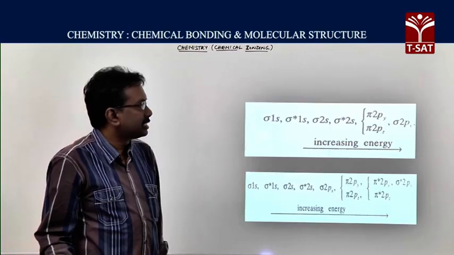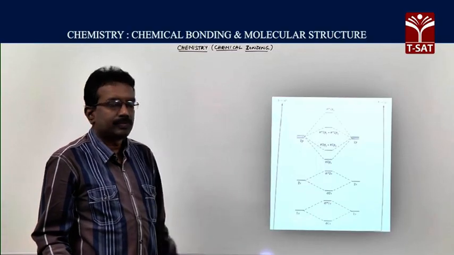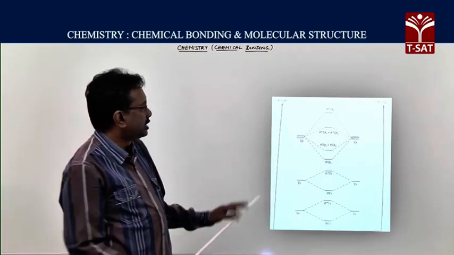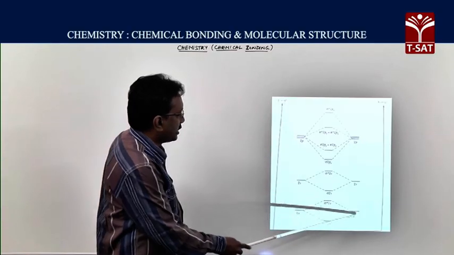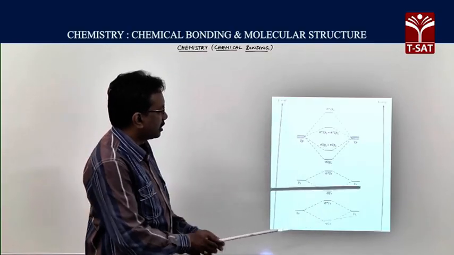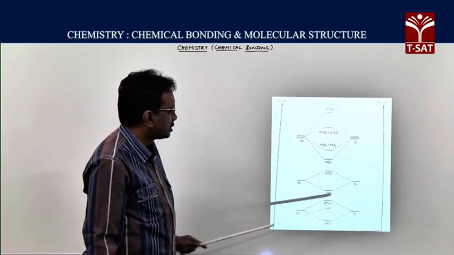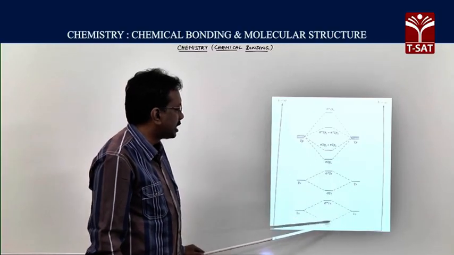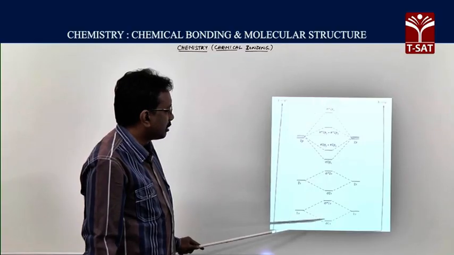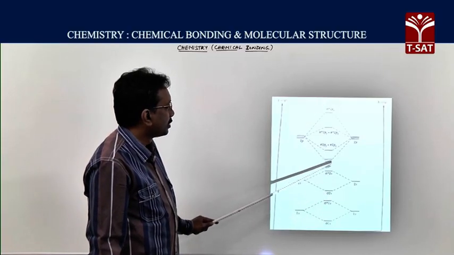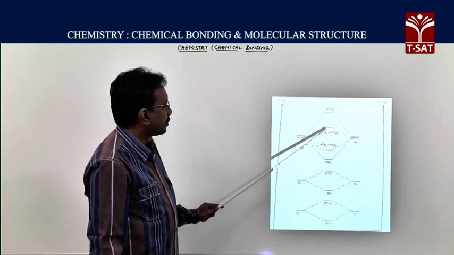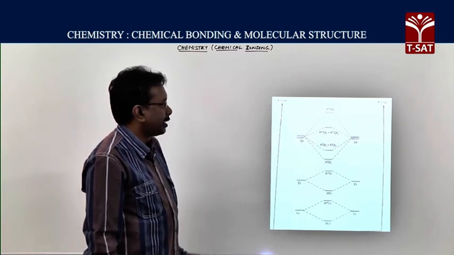So, after observing these different types of molecular orbitals, I am representing the distribution diagrammatically here. 1s, 1s, these are all atomic orbitals, these are also atomic orbitals. Combination of these 2 atomic orbitals leads to molecular orbitals, sigma 1s, sigma star 1s, bonding, antibonding, bonding, antibonding.